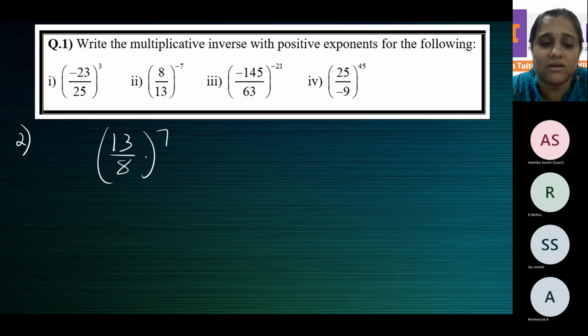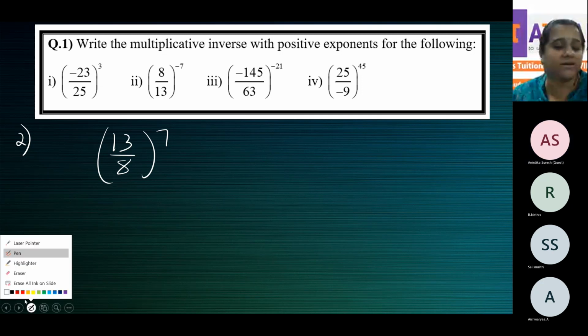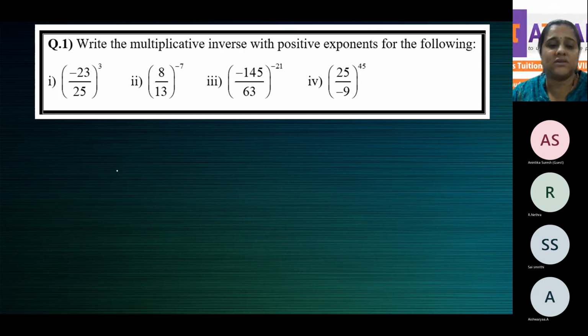Aren't you changing both the base and the power? When you change both the base and the power, you're writing the equivalent. You have to write the reciprocal. So it will be 8 upon 13 raised to the power plus 7. Okay, you're right. But I think you should have been more clear on that.